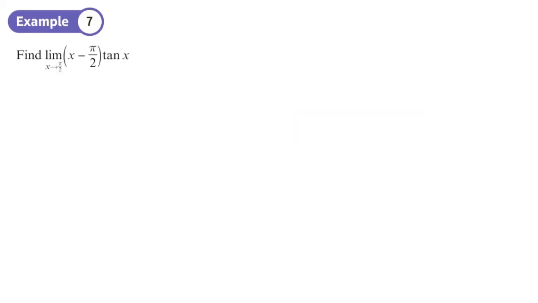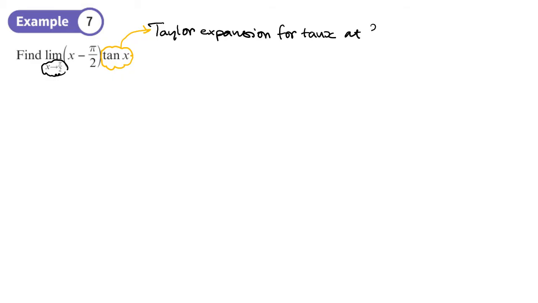Now, what we'd want to do is replace this tan x with the Taylor expansion for tan x at, well, at pi over 2. But there's a problem.